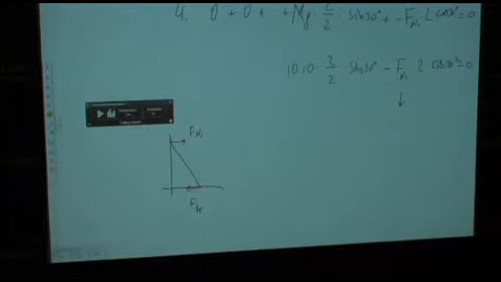Normal force to the right and static friction to the left, which means these 2 forces must cancel each other. That's basically the force balance equation, which means the force of static friction we are looking for will be equal to the magnitude of the normal force, which is given by this equation.